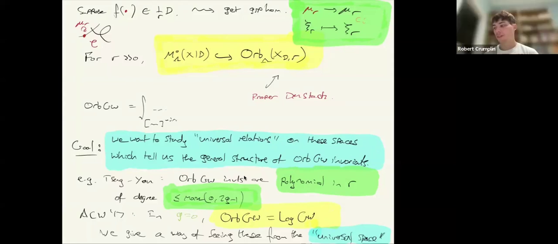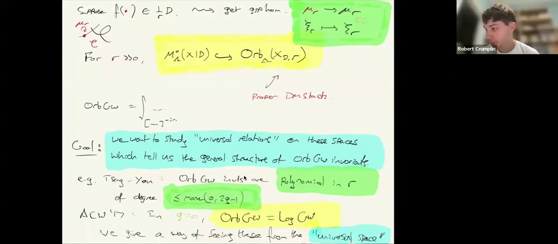Oh yeah, sorry. I guess it's not closed. This doesn't live inside of a root stack itself. The root stack you should think of as the target. This space has lots of additional information, it's a map from a curve to this target. So it has all the data of various curves and their maps to the target.